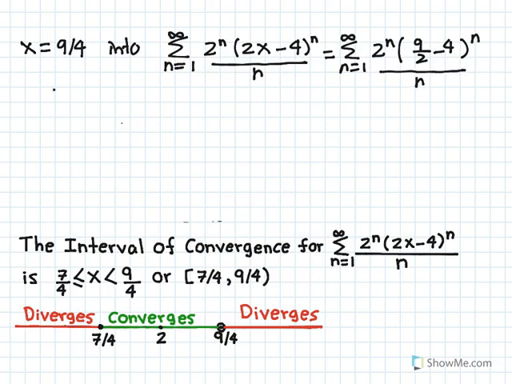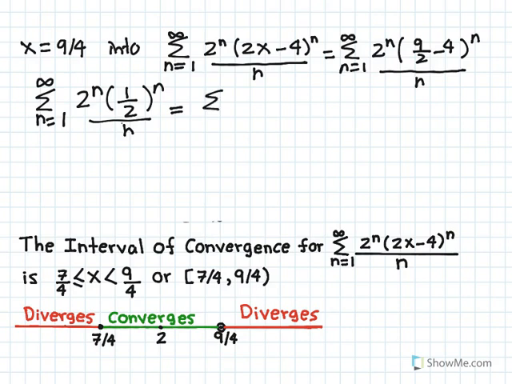If we simplify this, we get summation n equals 1 to infinity, 2 to the power of n times (9 over 2, which is 4.5, minus 4 is a half), so we get (1/2) to the power of n divided by n.